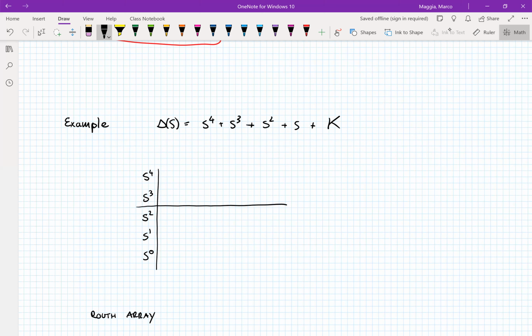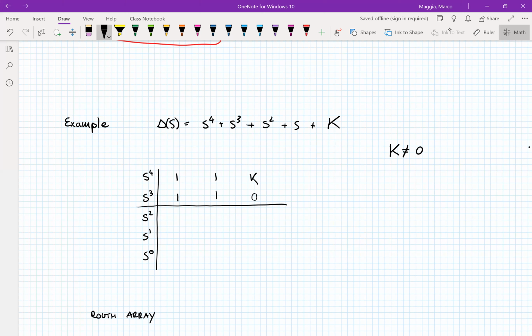All right, let's start with filling up the first two rows. So it's going to be 1, 1, 1, 1, and k. And obviously we have a missing one, so we can just replace it with 0. Before starting here, I'm just going to say that k is going to be different than 0. If k was negative, then the system is obviously unstable because we don't meet the necessary condition for stability.